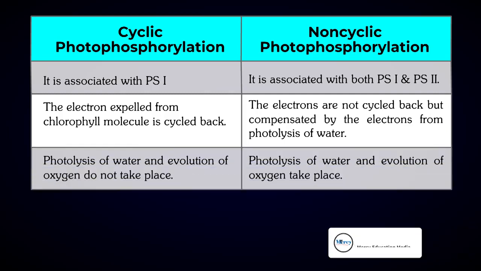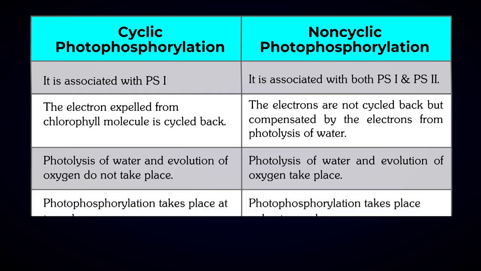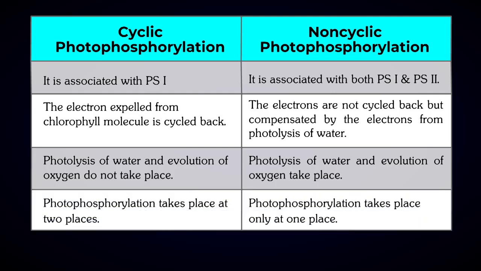In cyclic photophosphorylation, the photolysis of water and evolution of oxygen do not take place. Photolysis of water and evolution of oxygen take place in non-cyclic photophosphorylation. Cyclic photophosphorylation takes place at two places.